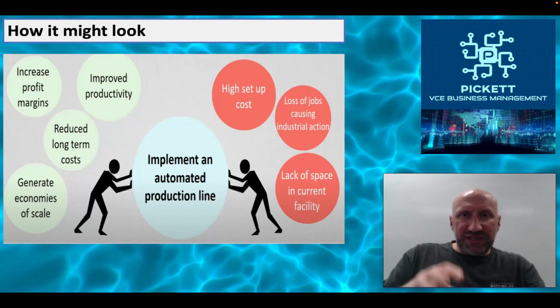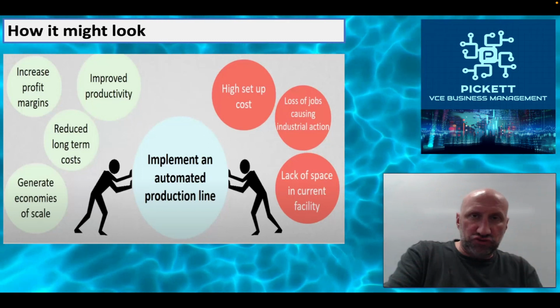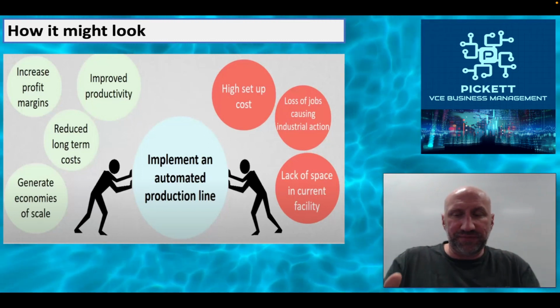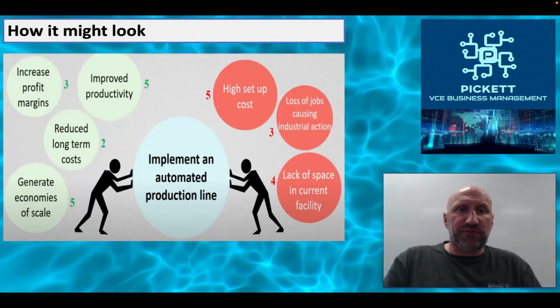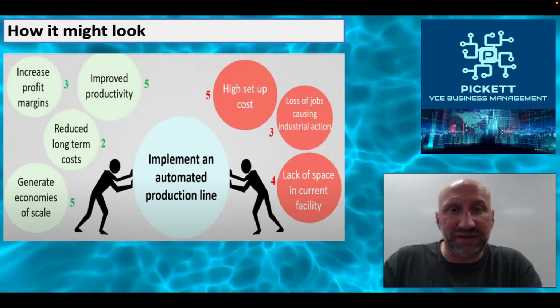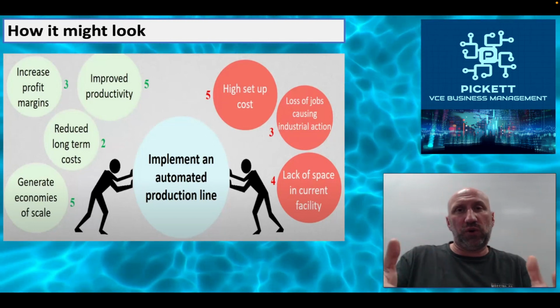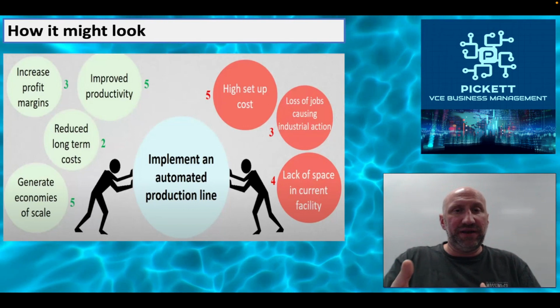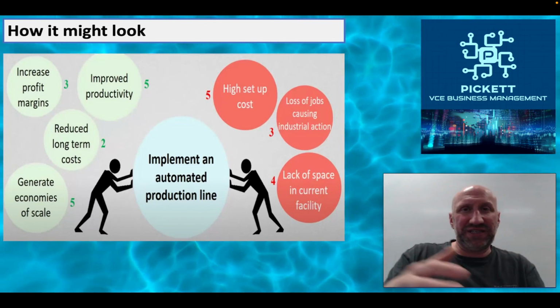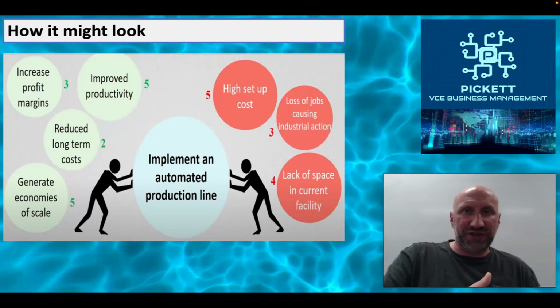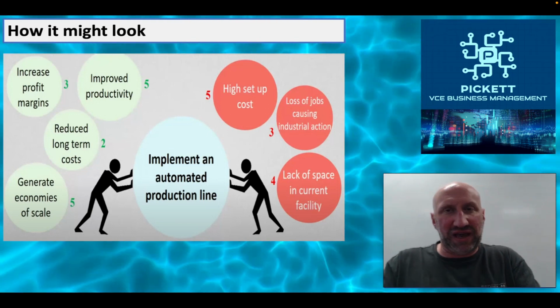So then you've identified the driving and the restraining forces. And then what you do basically is go through a process of giving them a weighting. Okay, because the idea is, you've got to work out which is going to be greater. And once you've given everything a weighting, you could add up all the scores on one side, add up all the scores on the other.